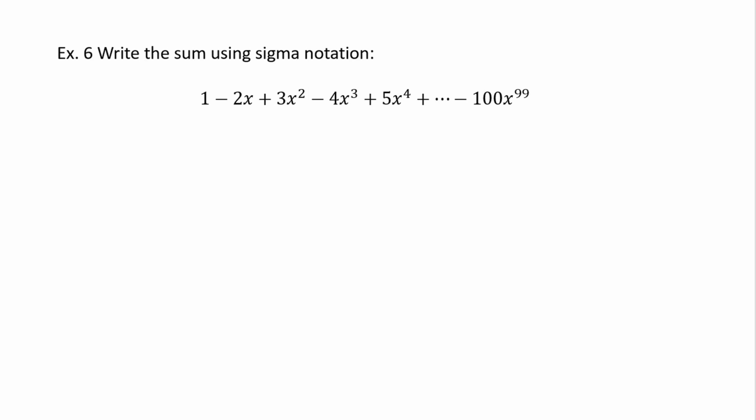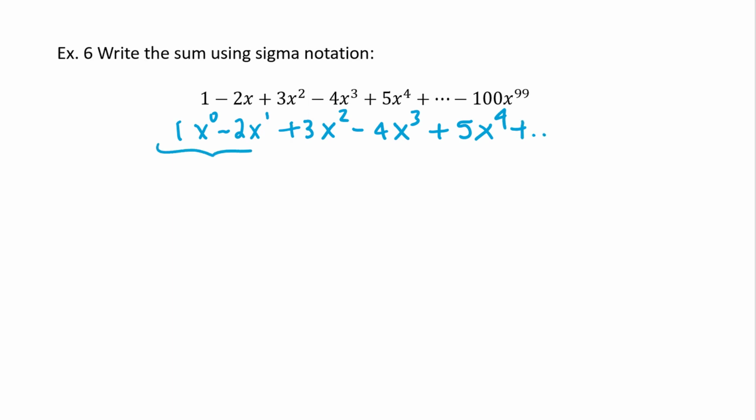So in order to do that, I'm going to modify the first term and write it as 1 x to the 0. And the second term, I'm going to write it as 2x to the 1. I'll go ahead and write the rest of them. So I got 3x squared minus 4x cubed plus 5x to the 4th. And what I wanted to do in expanding or changing the way I wrote the first two terms is to be able to see a pattern.